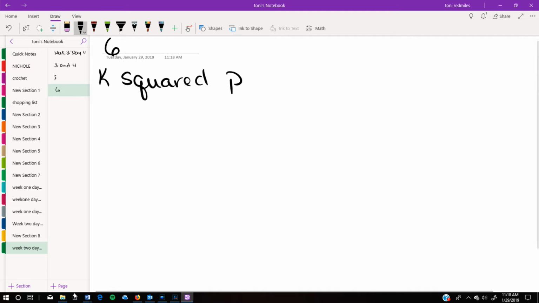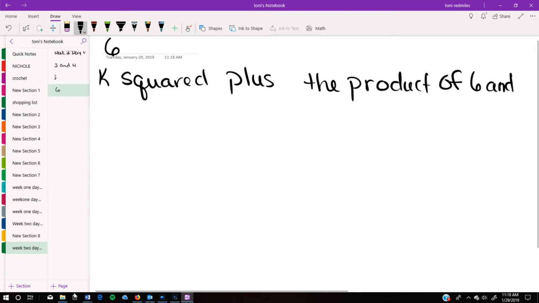k squared plus the product of 6 and w plus 3. Alright, so this one, the product of 6 and w plus 3. So the product of is going to have parentheses.